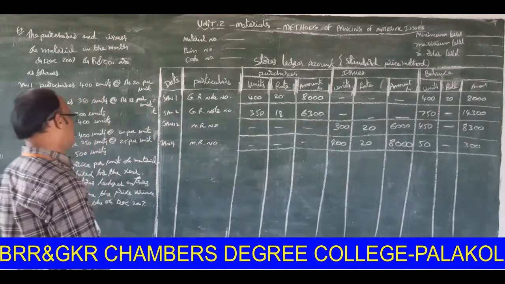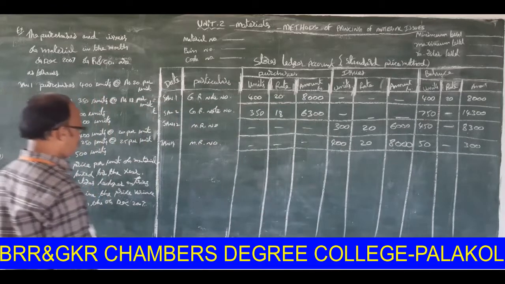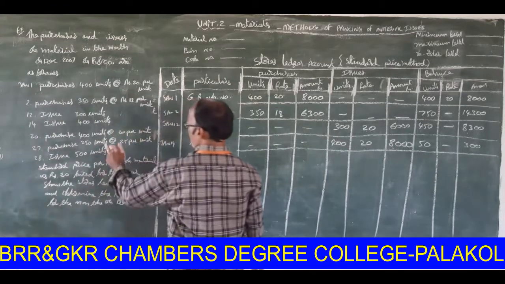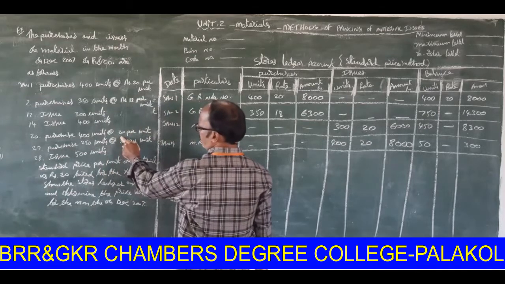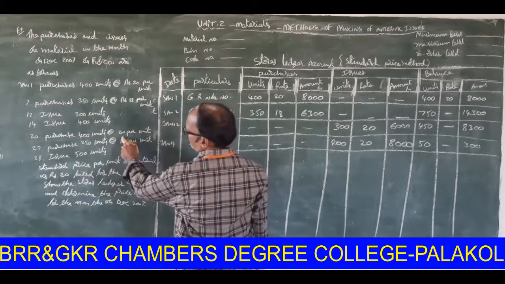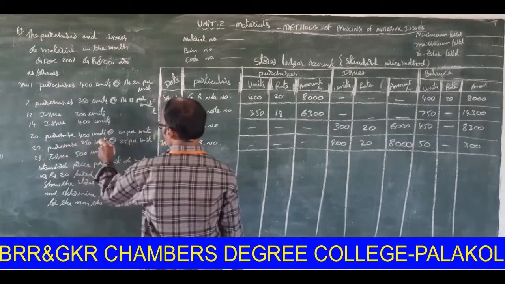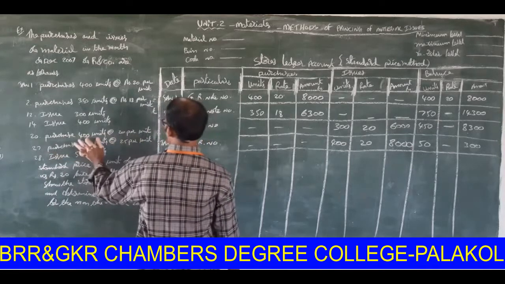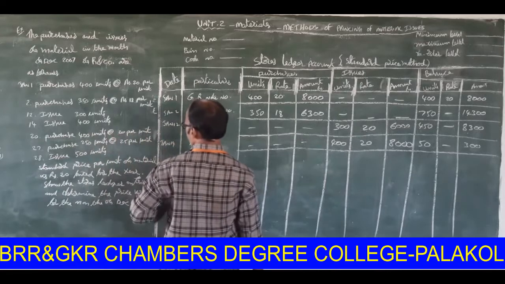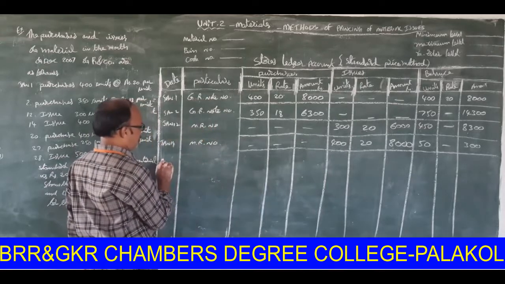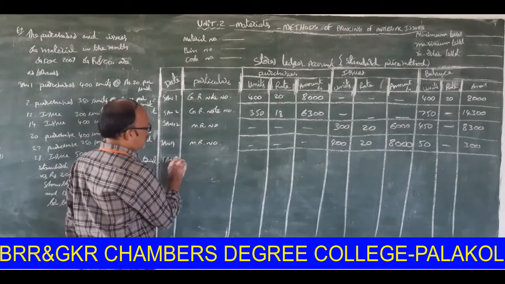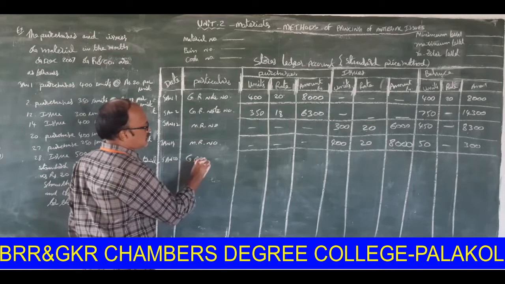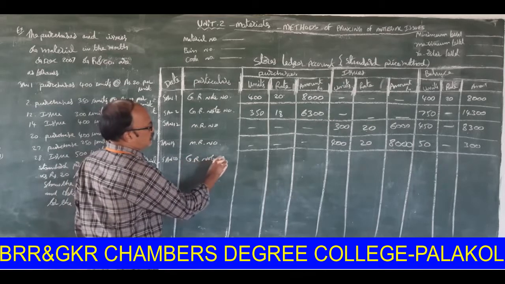Next one. January 20th. How many units? Purchase 400 units at the rate of 20 per unit. January 20, goods received note number.